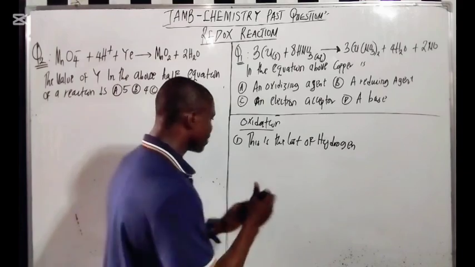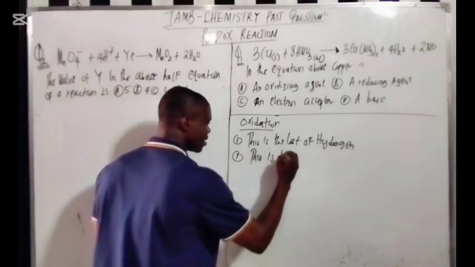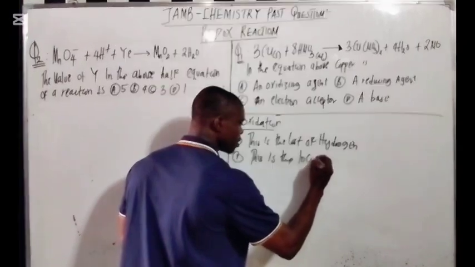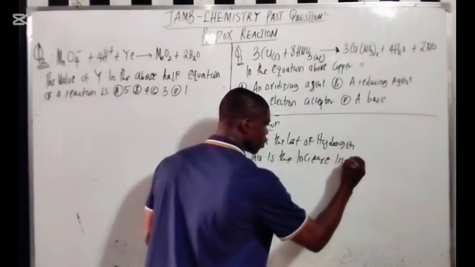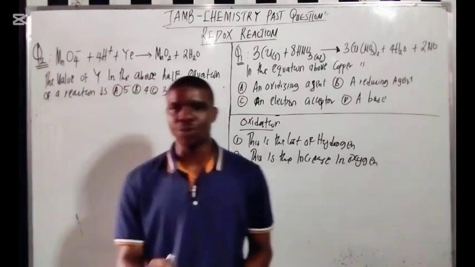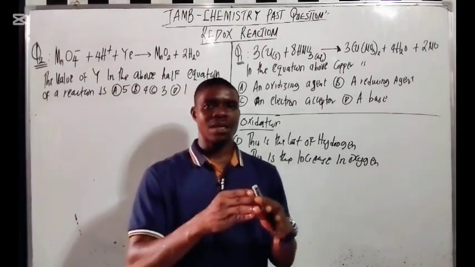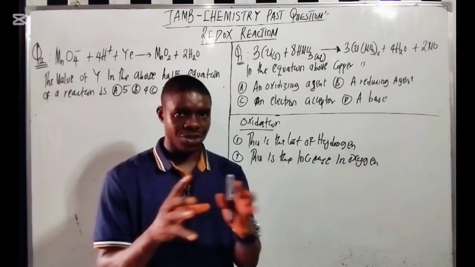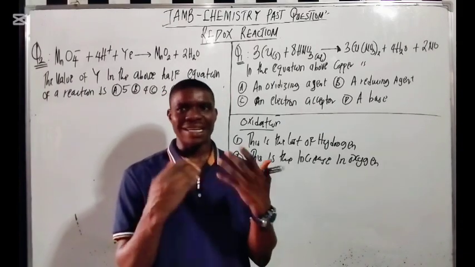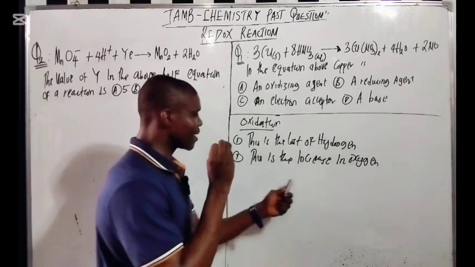Number two, this is the increase in oxygen. So another way you can define oxidation is increase in oxygen. Whenever you are given a redox reaction, is it hydrogen transfer or oxygen transfer? Here we're talking about oxygen.